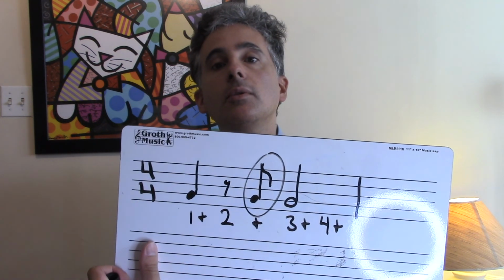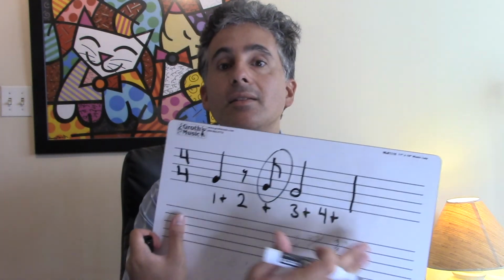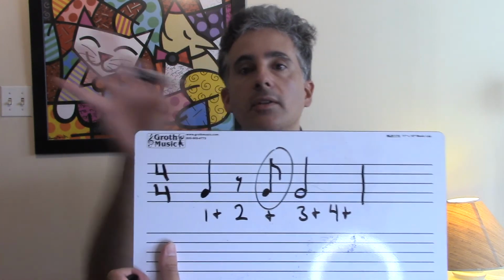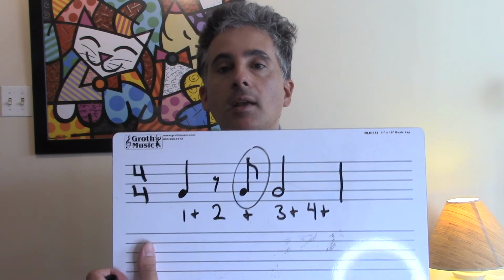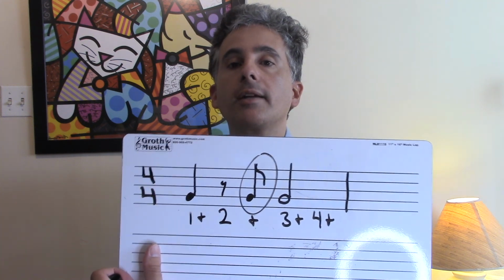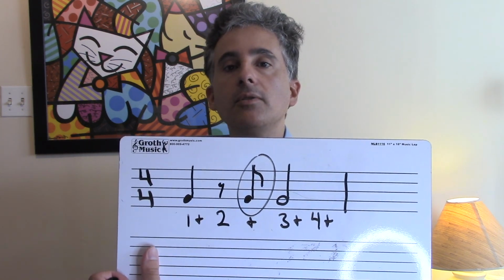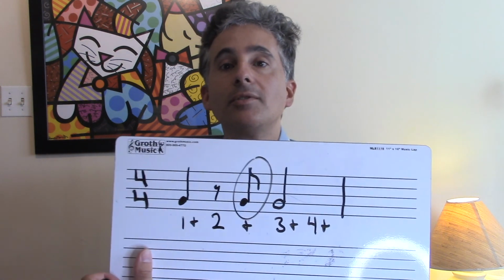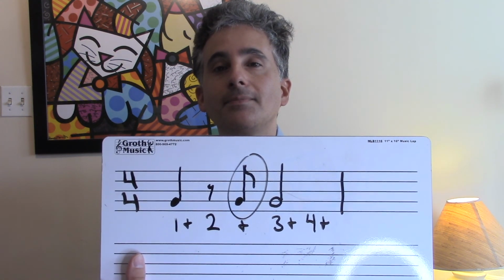I have to count this way consistently throughout the entire measure. It's all the same, and it would be like this for the next measure as well. Once I lined all the beats up with the correct notes and their note values, I realized that this note is on the and of 2, or 2 and.